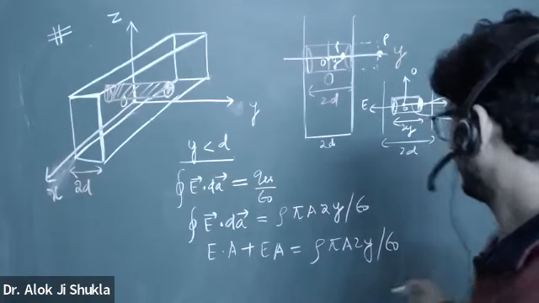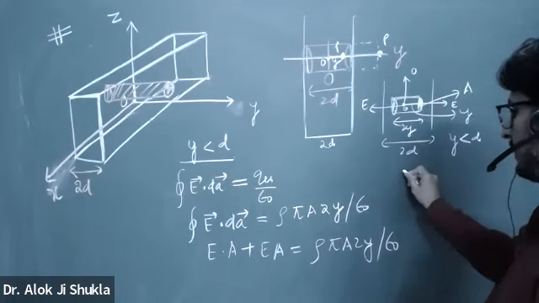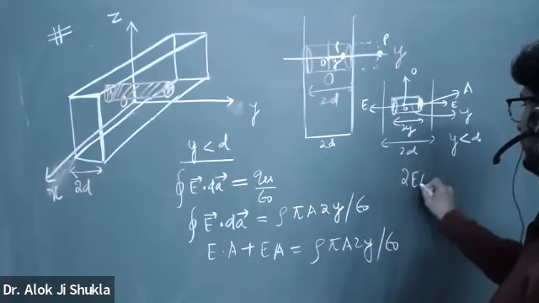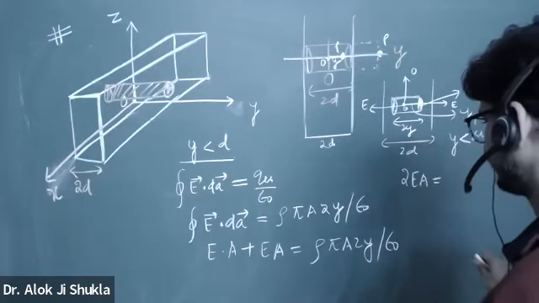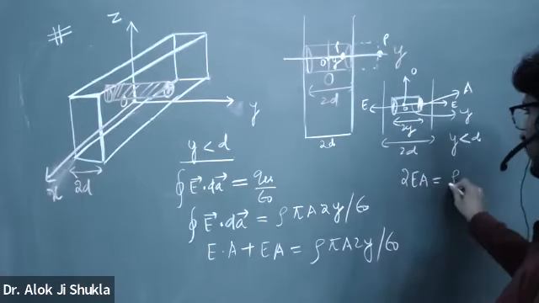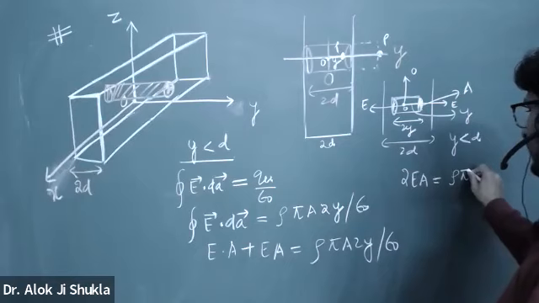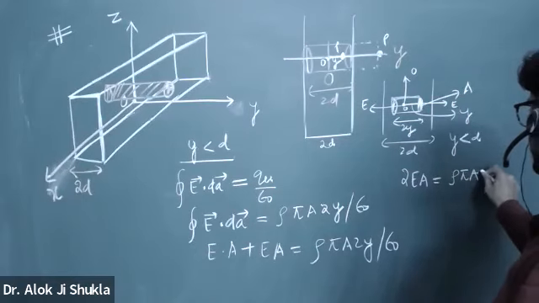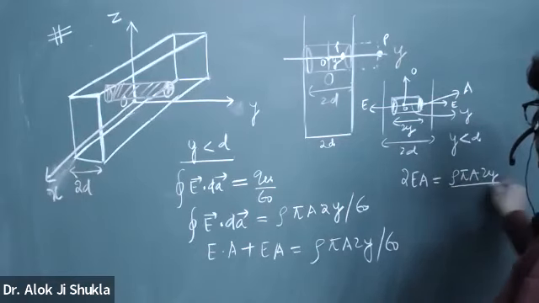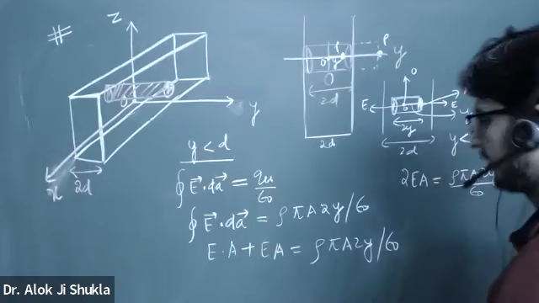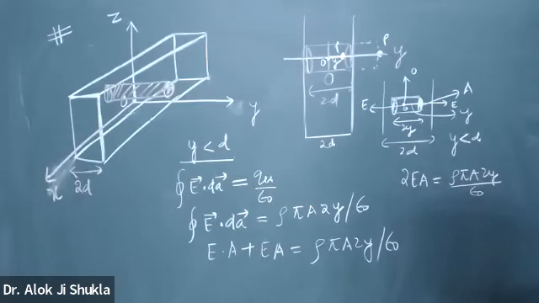So 2EA is equal to rho A 2y by epsilon naught.